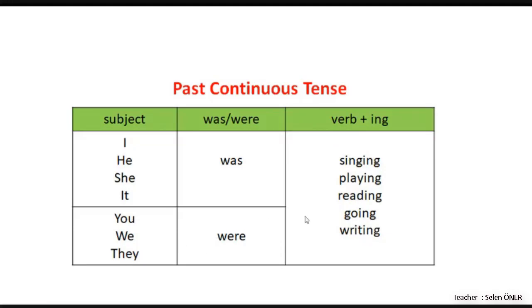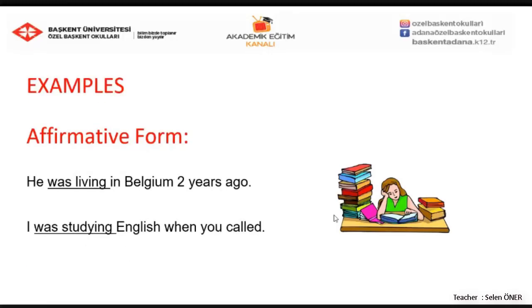They were going. Look at the examples. He was living in Belgium 2 years ago. Okay? He was living. I was studying English when you called. Aradığında İngilizce çalışıyordum. Okay? I was studying English.